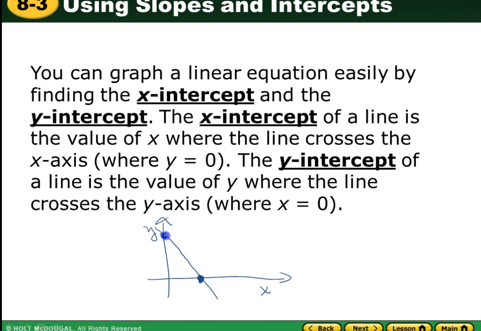So again, the y-intercept is where the line touches the y-axis, and the x-intercept is where the line touches the x-axis.